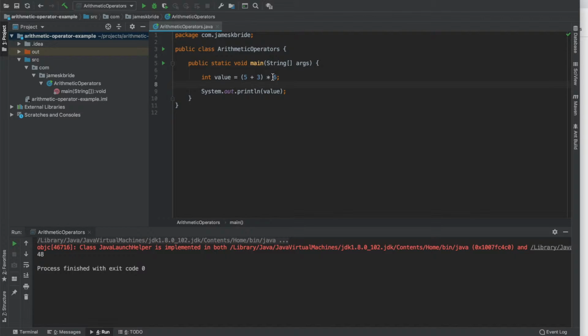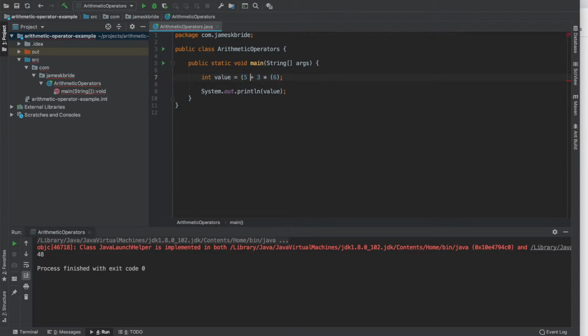Then you might wonder, what happens if I also wrap this in parentheses? Well, we execute left to right at that point, because the parentheses have the same precedence in terms of order of operations. So again, we should get 48 when we execute. And we do.